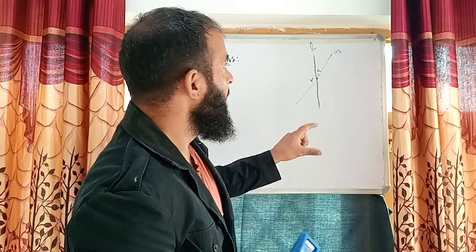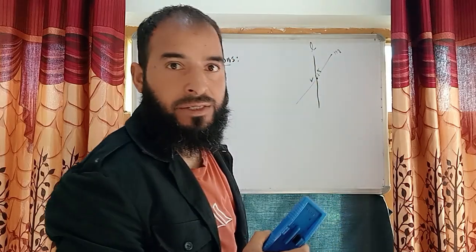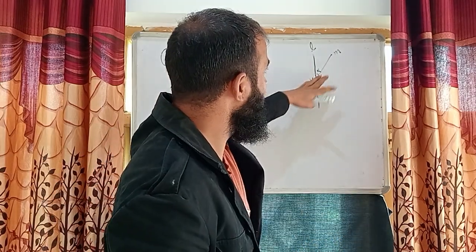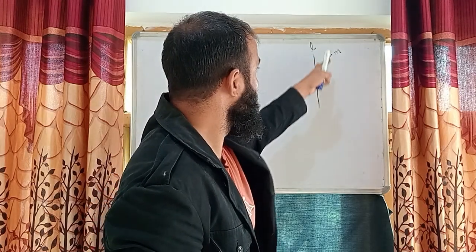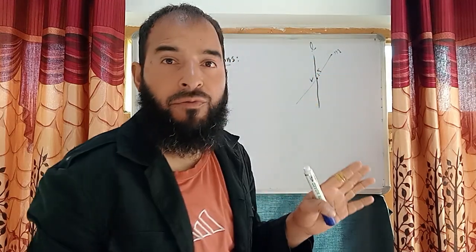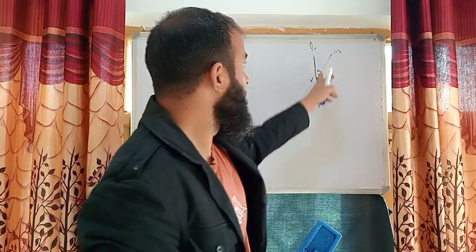What do we take? We take two lines. One is a fixed line and another line M intersects this line at point V, and it makes an angle alpha with this line. This alpha is constant.